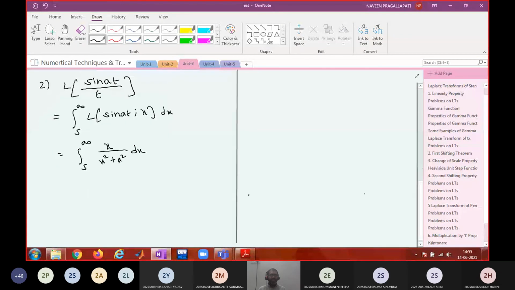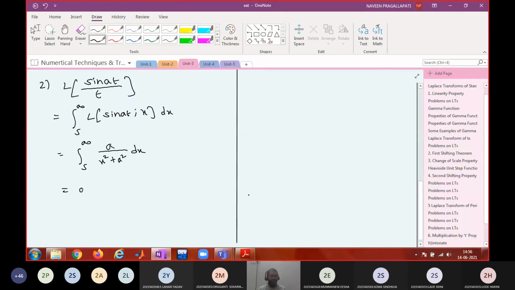What is this? There is a mistake, right? What is Laplace of sin at? It is a by x squared plus a squared, dx.